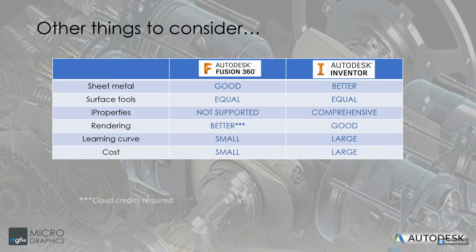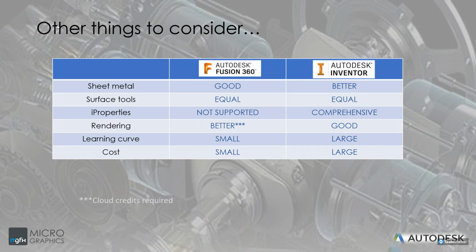Okay, and the last two things to consider are actually more personal to the company or the individual, and it considers your skill level. So you have to remember that the learning curve for Fusion is very small because it's completely redesigned and simplified, whereas Inventor would take you a couple of months or years to completely master.